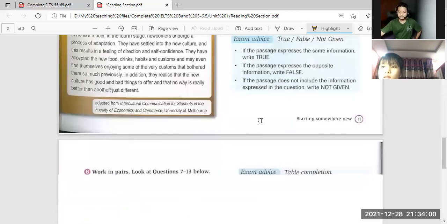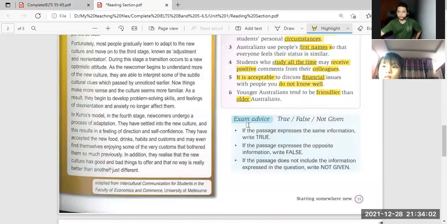Okay, next, let's read this together. Okay, exam advice, true, false, or not given. If the passage expresses the same information, write true. Can you say true? True. Okay, remember, if the passage expresses the same information, write true.